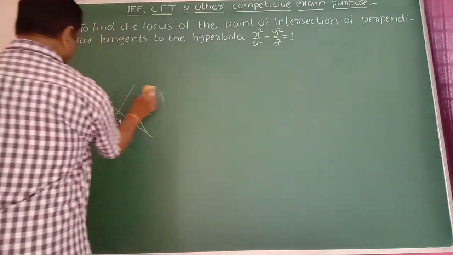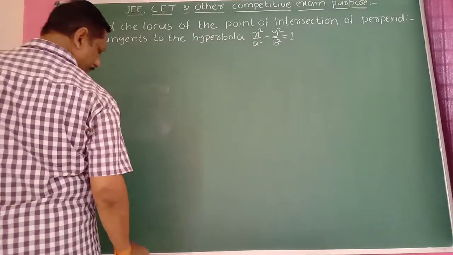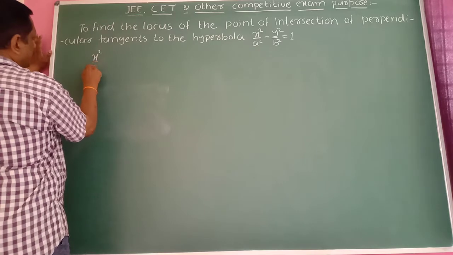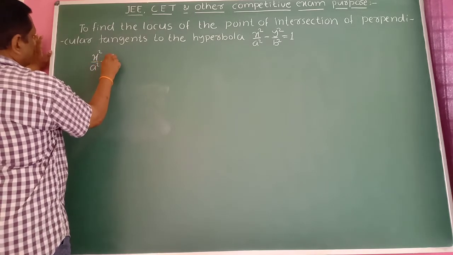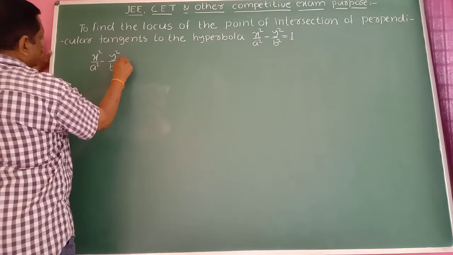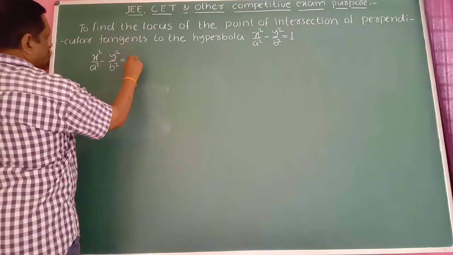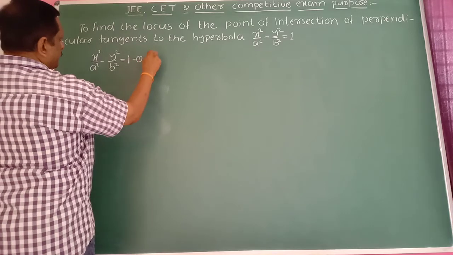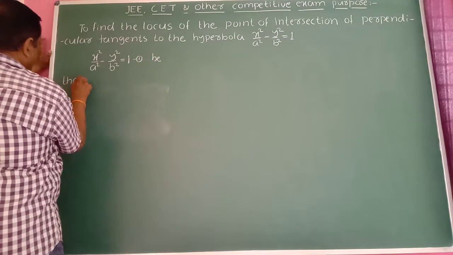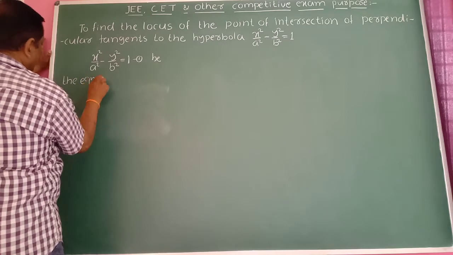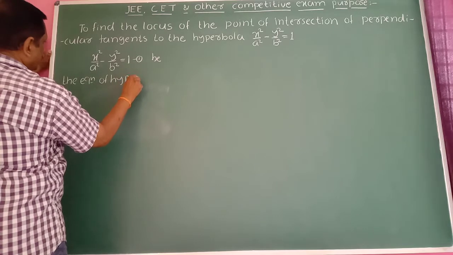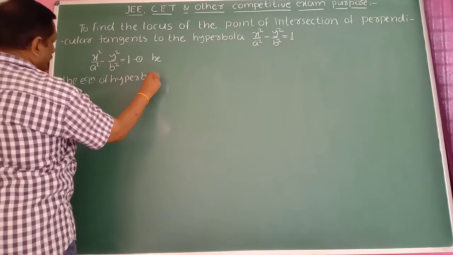Therefore, in this case, x square divided by a square minus y square divided by b square is equal to 1. Take this as equation number 1, the equation of the hyperbola.